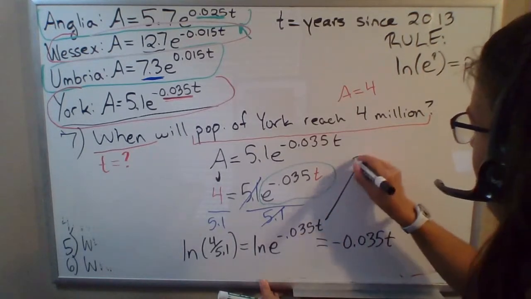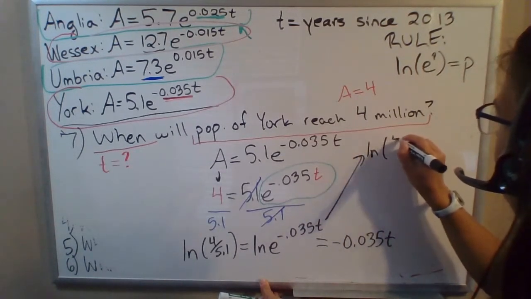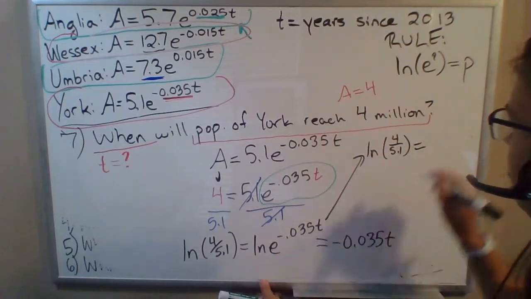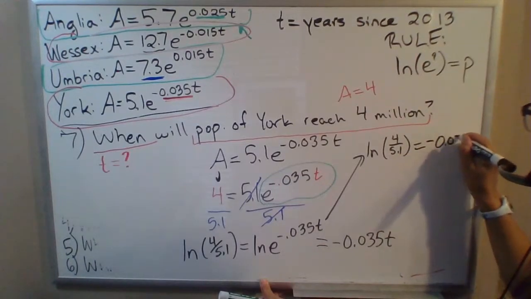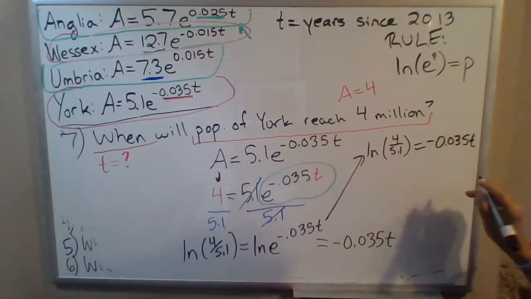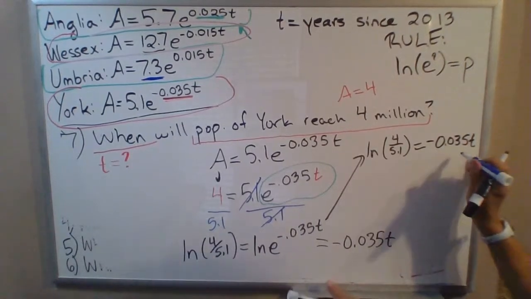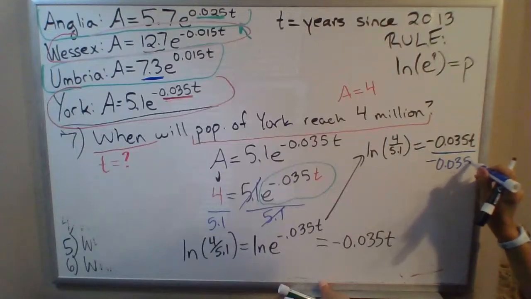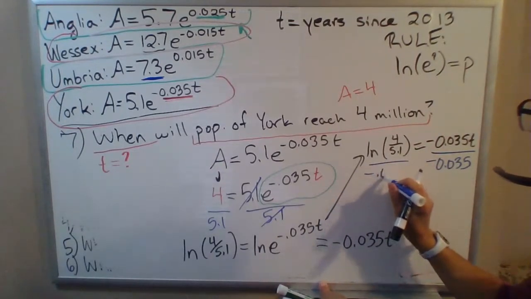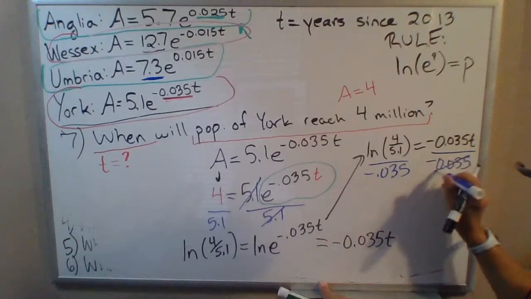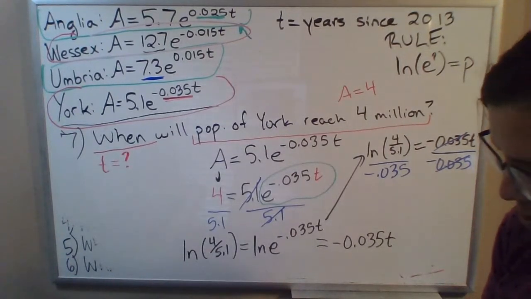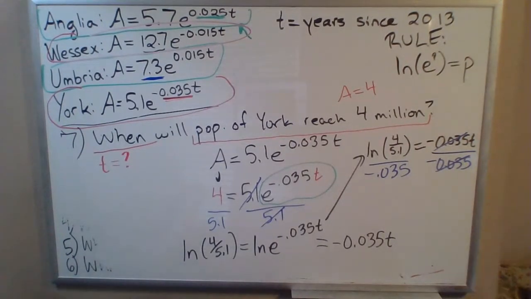So we have the natural log of 4 divided by 5.1 equals, these cancel each other out, negative 0.035t. Now we want to divide by this coefficient to get t by itself. So divide by negative 0.035 on both sides, and that's going to give you your answer for t. This time I'll make sure I'm using the values that I have currently in this problem.